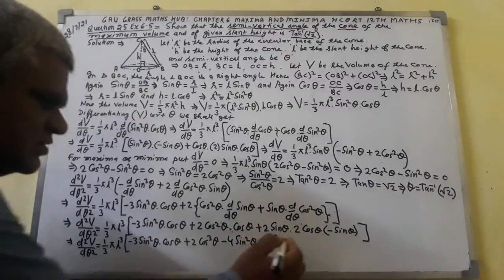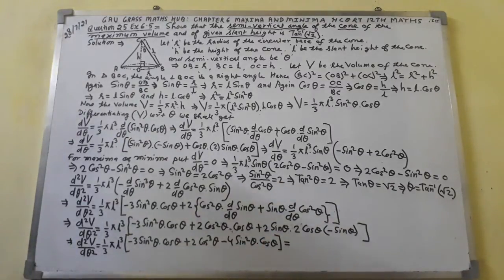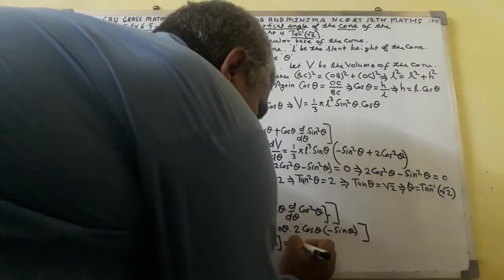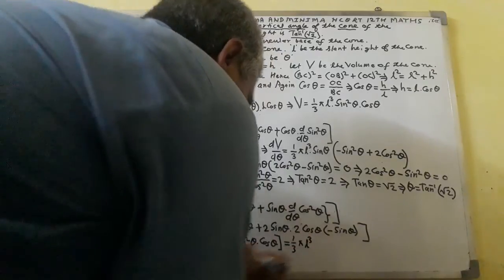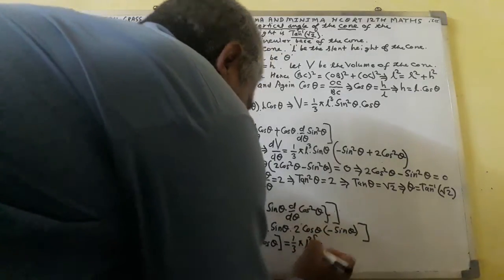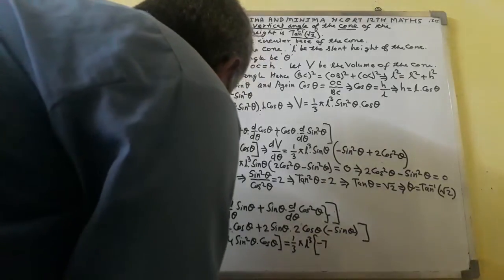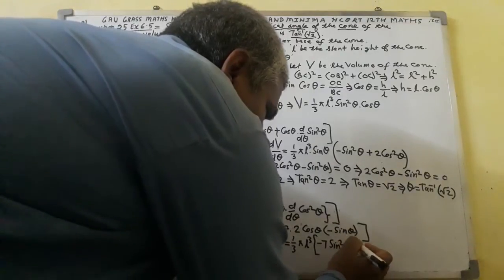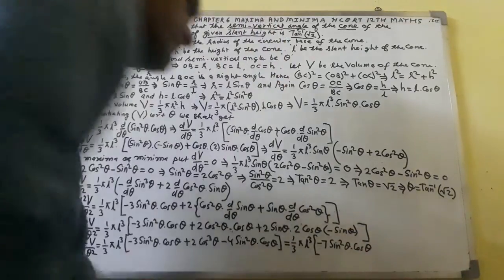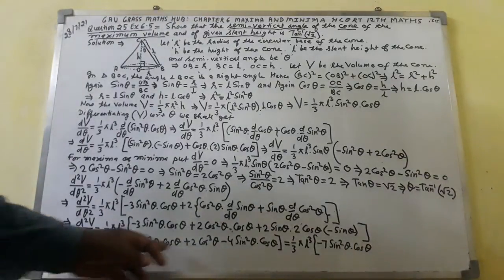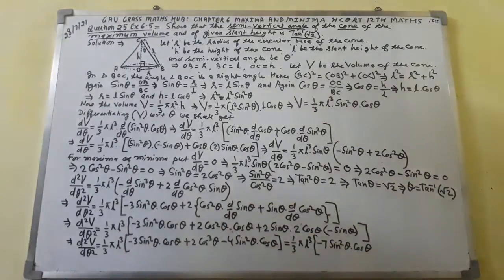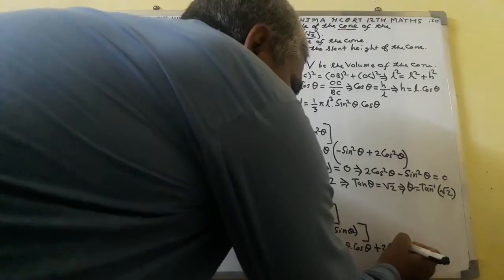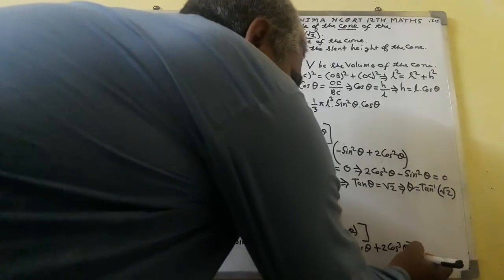You will get here equal to 1 over 3 pi L cube in bracket minus 7 sin square theta dot cos theta plus 2 cos cube theta. This thing is said right.